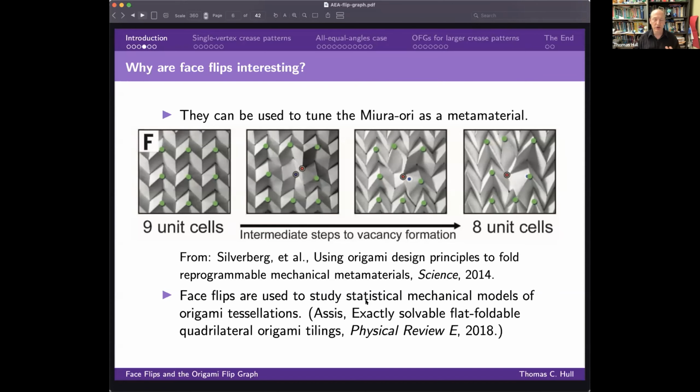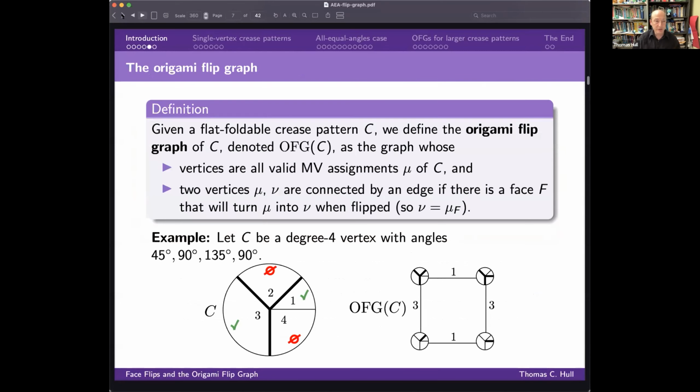So you can study its thermodynamical behavior and look for phase transitions. That's what statistical mechanics does. But to make the math and the physics work there, Michael had to employ face flips as a way to examine relationships between mountain valley assignments. And that's one of the things that face flips really allows you to do.